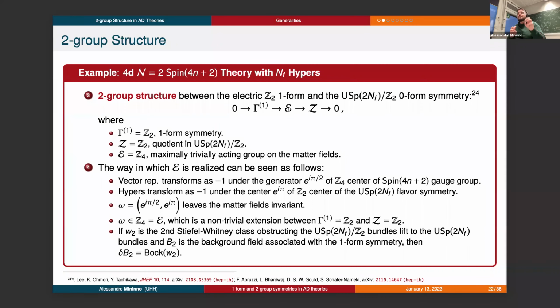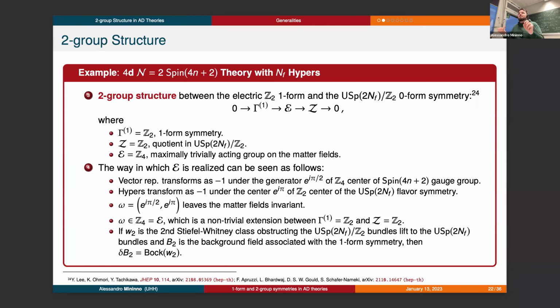How can we see that this calligraphic K is equal to Z4? The idea is that you look at the center of the Spin(4n+2) group, which is Z4, and then the vector representation transforms as a -1 under a specific generator of the Z4, while the hyper also transforms as a -1, instead of looking at the center of the flavor symmetry.